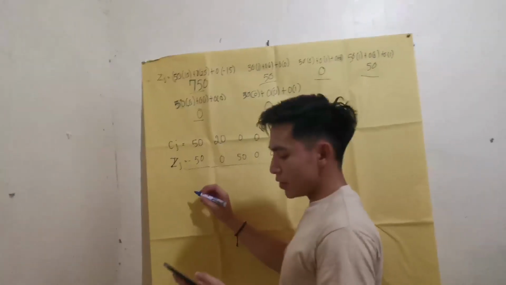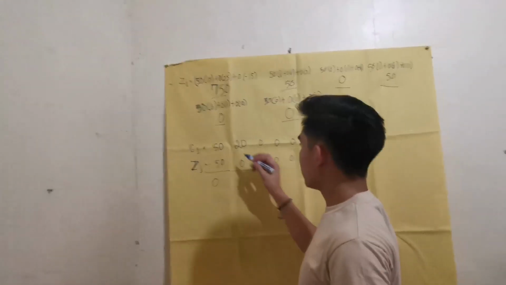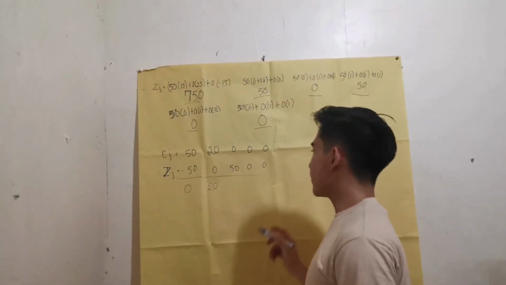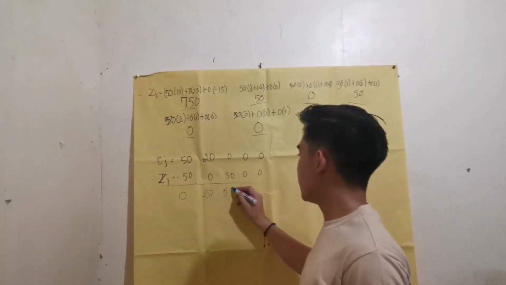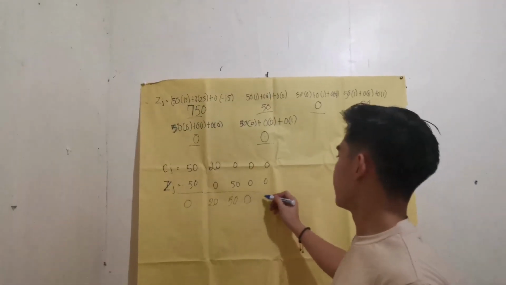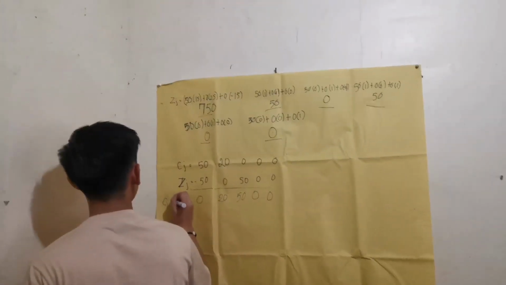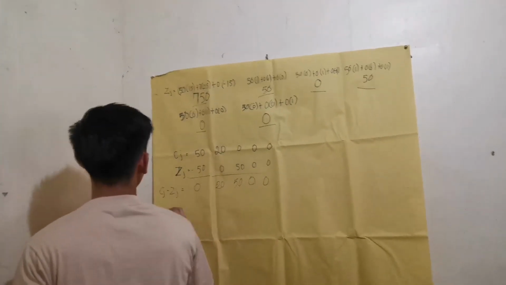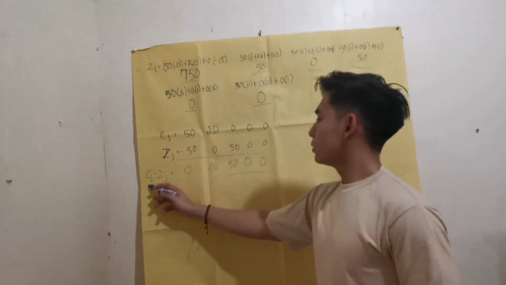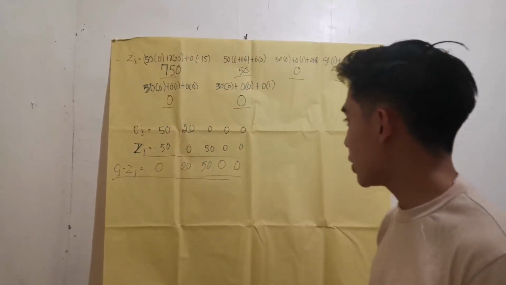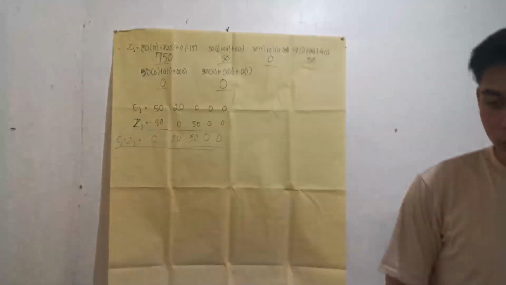So 50 minus 50 is 0. 20 minus 0 is 20. And 0 minus 50 is negative 50. And 0, 0. So yan. Ito na yung C sub J minus Z sub J row natin. Ito yung C sub J minus Z sub J row. So, input natin siya sa tableau. And so, ito na.